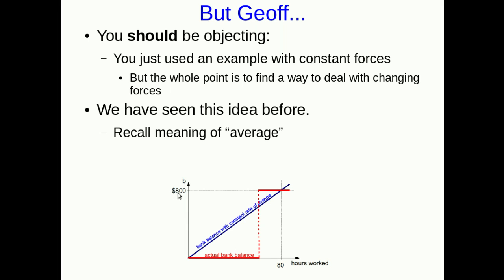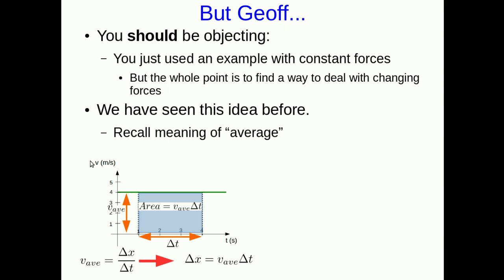So for example, way back we talked about this bank balance and how you can think of a constant rate of change of your bank balance, but what really happens is that your bank balance doesn't change except on payday, it jumps up suddenly. But it has the same effect as an average rate of change.